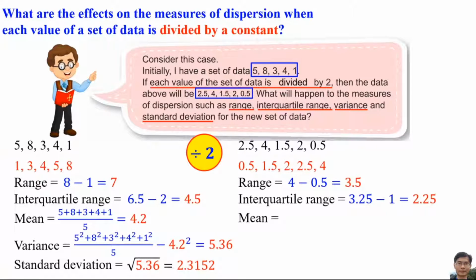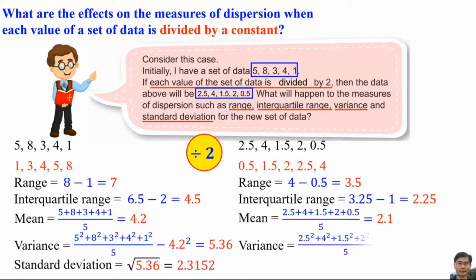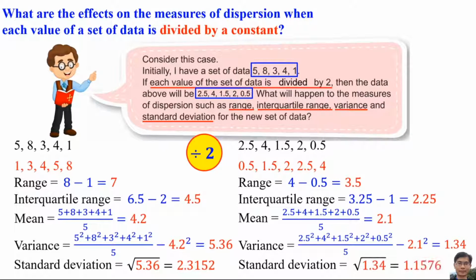Mean equals the average of the data equals 2.1. Variance equals square of all the data, add all of them per 5 minus mean square equals 1.34. Standard deviation equals square root of 1.34 equals 1.1576. Then we find that the range 7 divided by 2 equals 3.5.